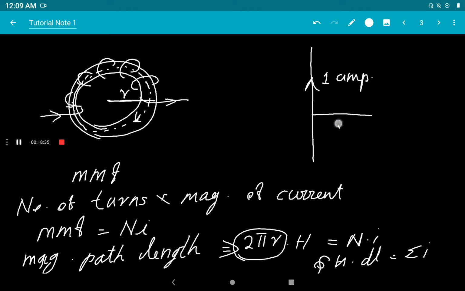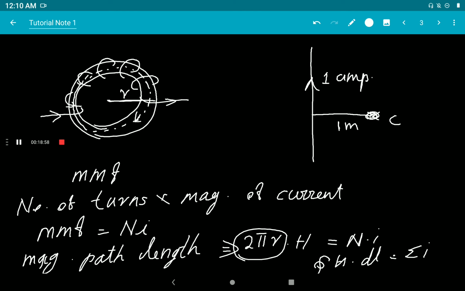Assume a point C here, at a distance of 1 meter away from an infinitely long conductor carrying 1 ampere current.